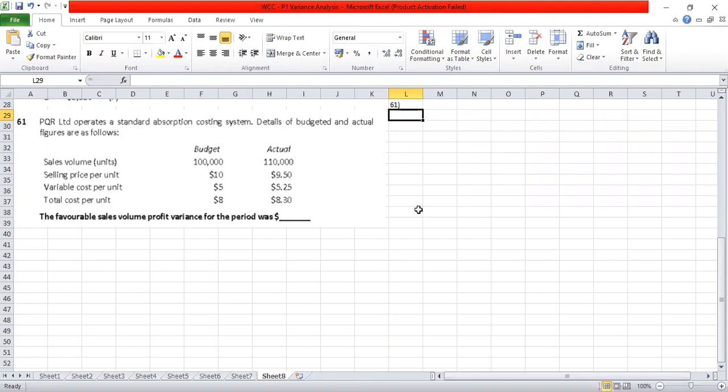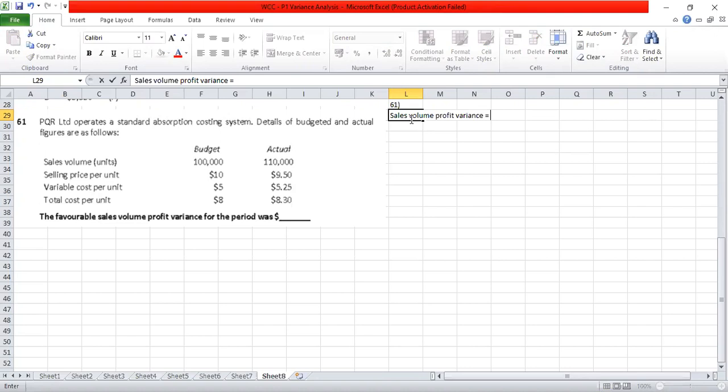The favorable sales volume profit variance for the period was... The details are about the selling price, the variable cost per unit, the total cost, and the favorable sales volume profit variance.